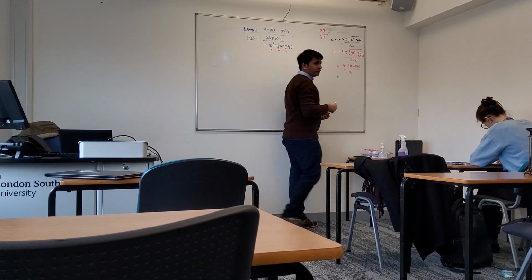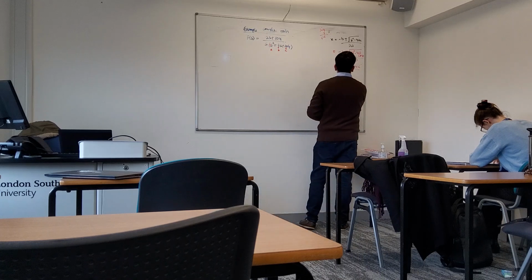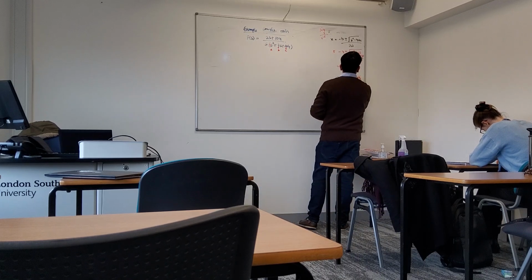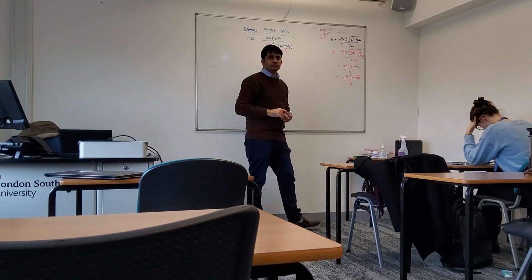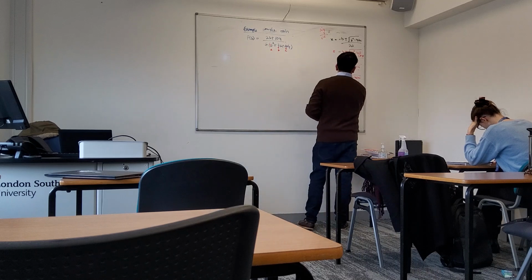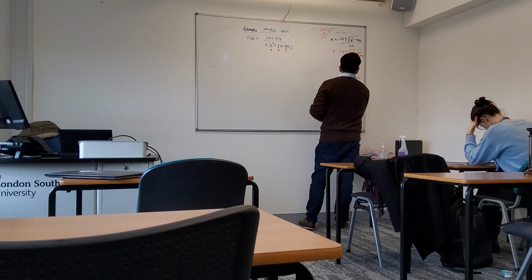So now if you solve it, it would be minus 4 plus minus root of minus 400, divided by 2.